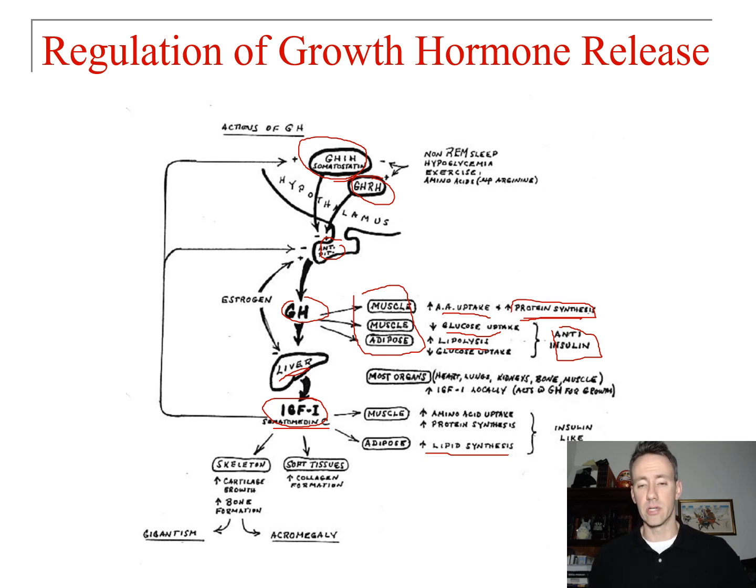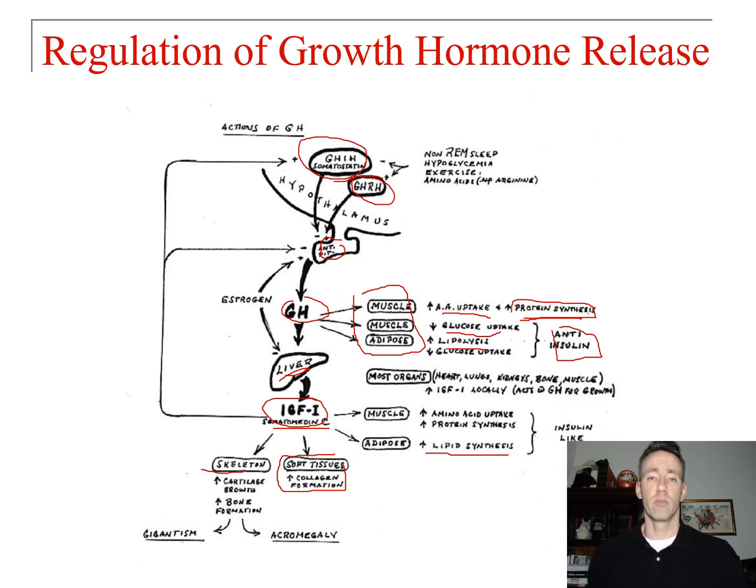But it can also cause, or at least aid in, lipolysis in certain conditions. Soft tissues over here increase collagen formation. On the skeleton, it increases cartilage and growth. So during that linear growth spurt, and we talked about the pygmies, it's needed with growth hormone, and IGF, to increase linear growth.